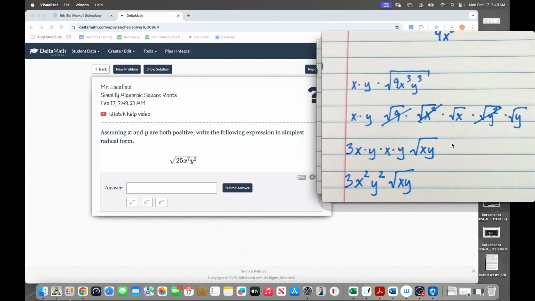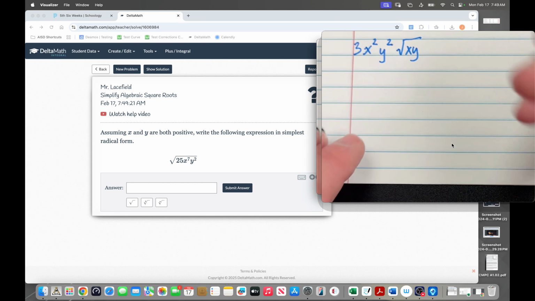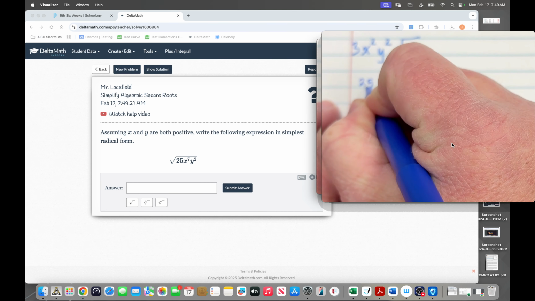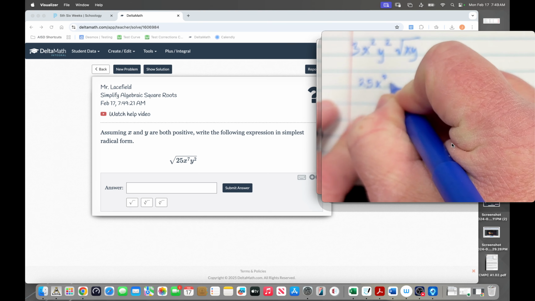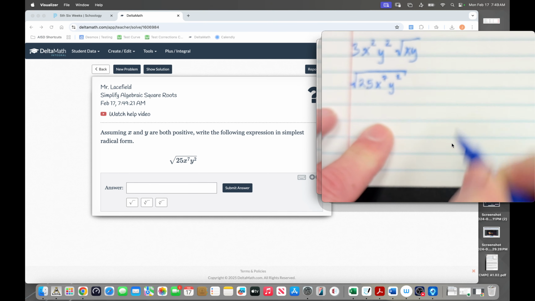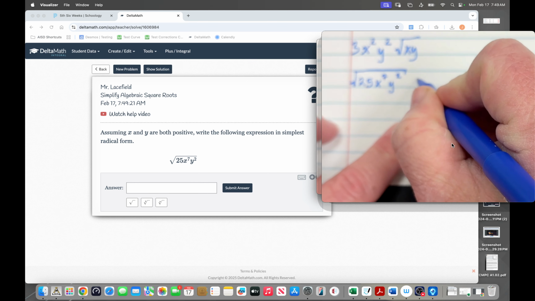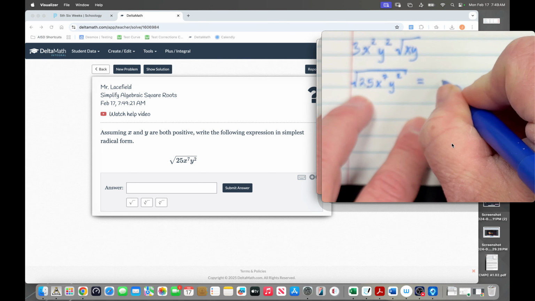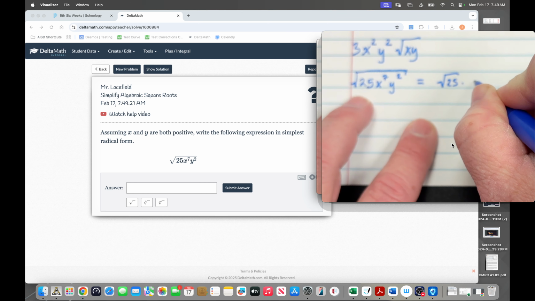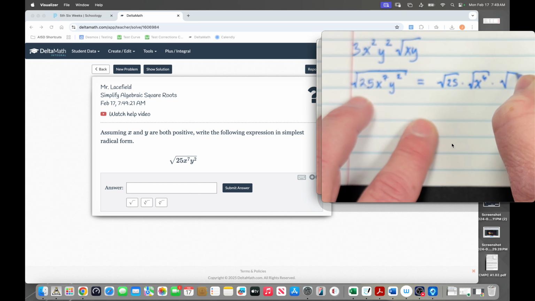Okay, let's go for another. We have square root of 25x to the 7th y squared. Okay, we're going to split this up to be square root of 25 times the square root of x to the sixth times square root of x times square root of y squared.